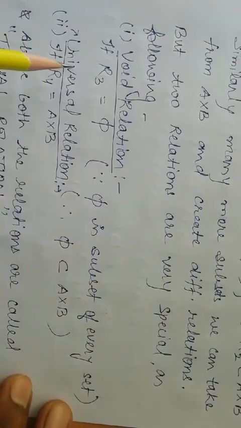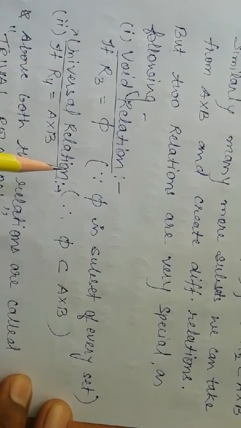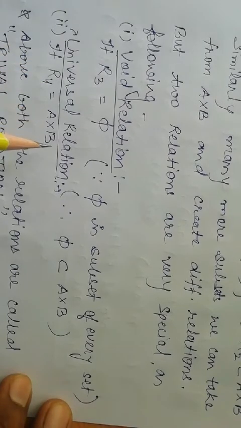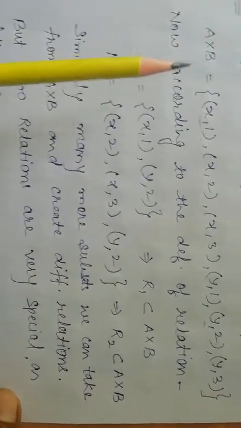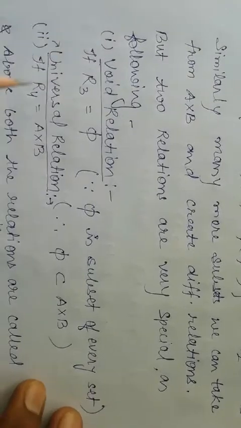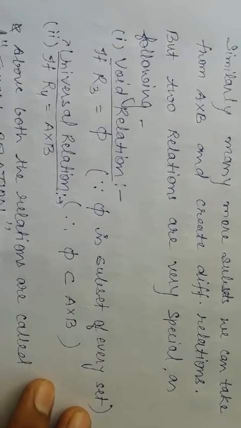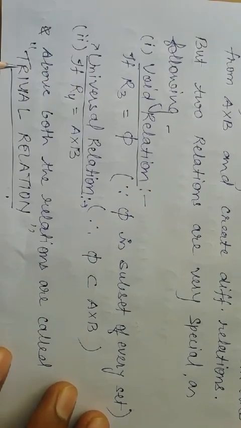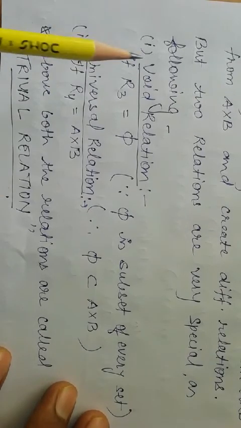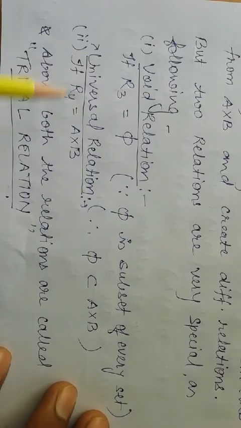Another type is the universal relation, in which I consider a new relation R4 directly equal to A cross B, meaning the entire A cross B. So this is called the universal relation. Both relations, the void relation and the universal relation, are called trivial relations. So the number of trivial relations is 2: the void relation and the universal relation.